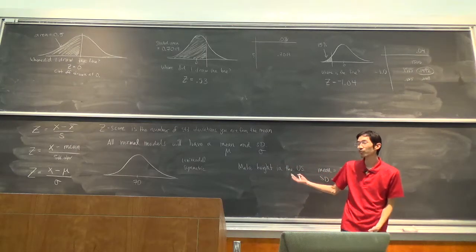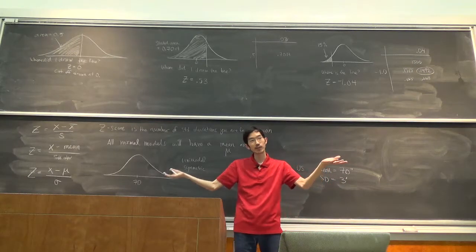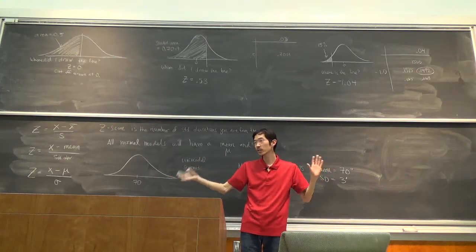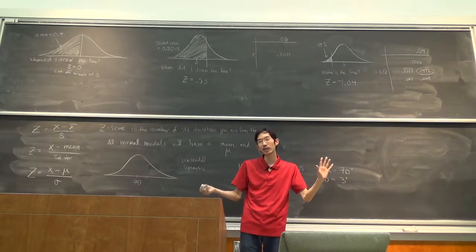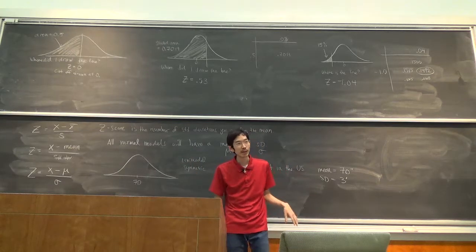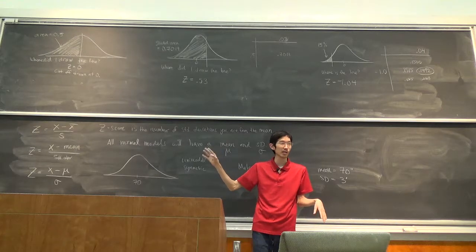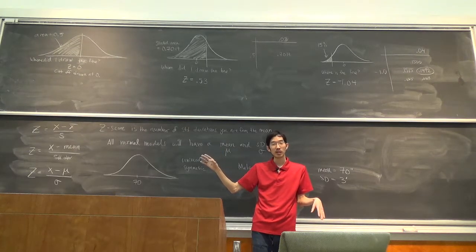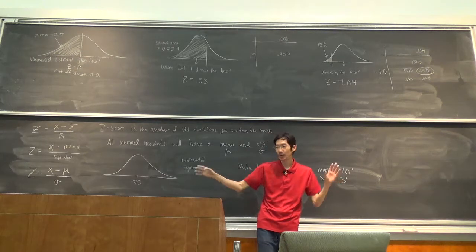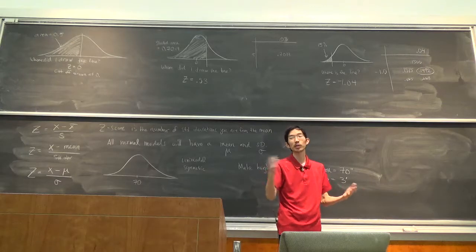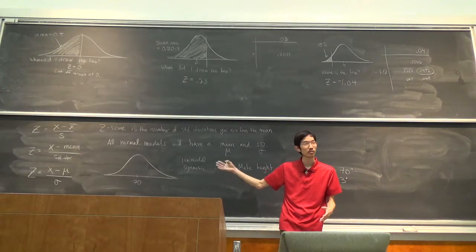According to the normal model, men who are 6'4" and men who are 5'4", because they're both 6 inches away from the mean, are about equally common. This is a rough estimate, but you'll find about as many men who are 5'4" as men who are 6'4". But those heights are not as common as men who are 5'10", 5'9", 5'11", things around the middle. Does that make sense?